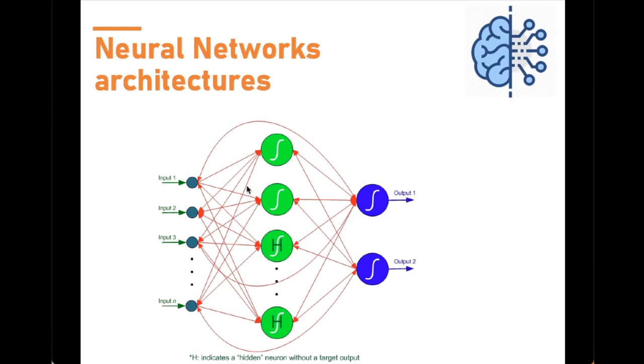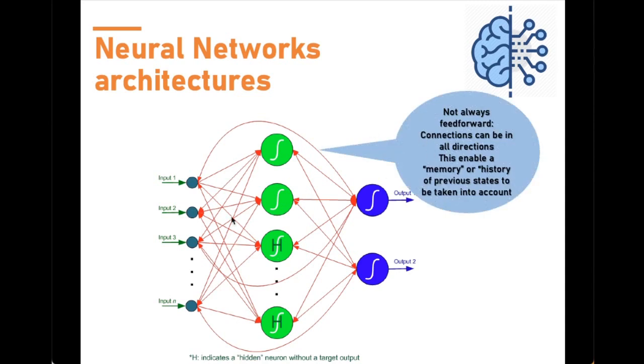So as you can see here, there is information going from input layer to the hidden layer, from output layer to the input layer, the hidden layer to the input layer, and so on and so forth. So the connections between the layers and neurons are not unidirectional.